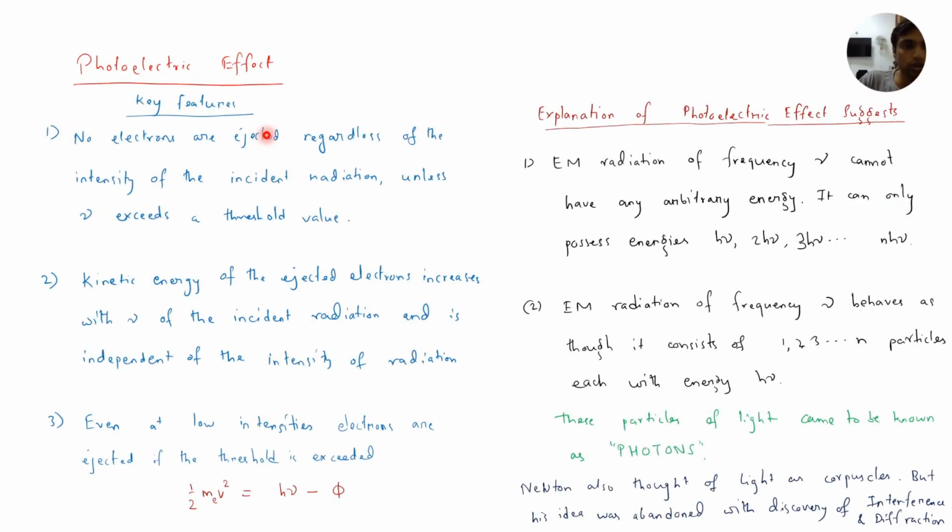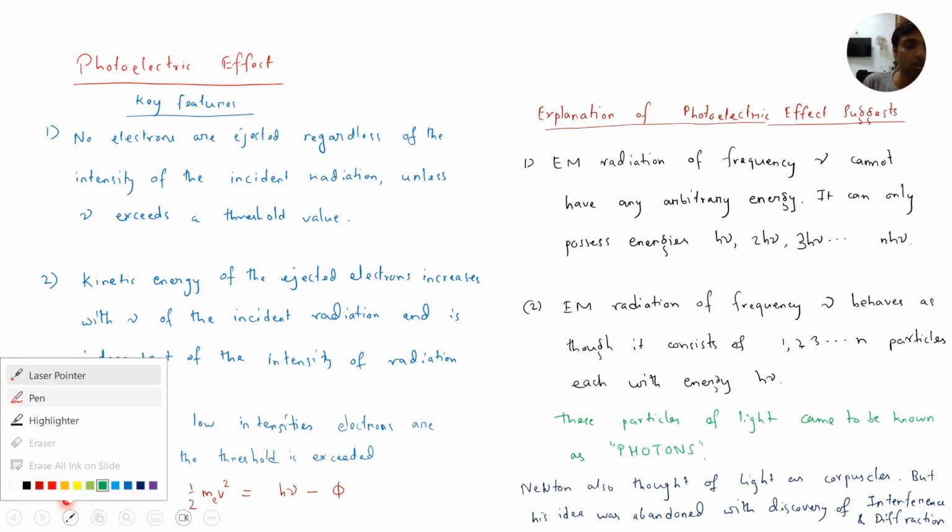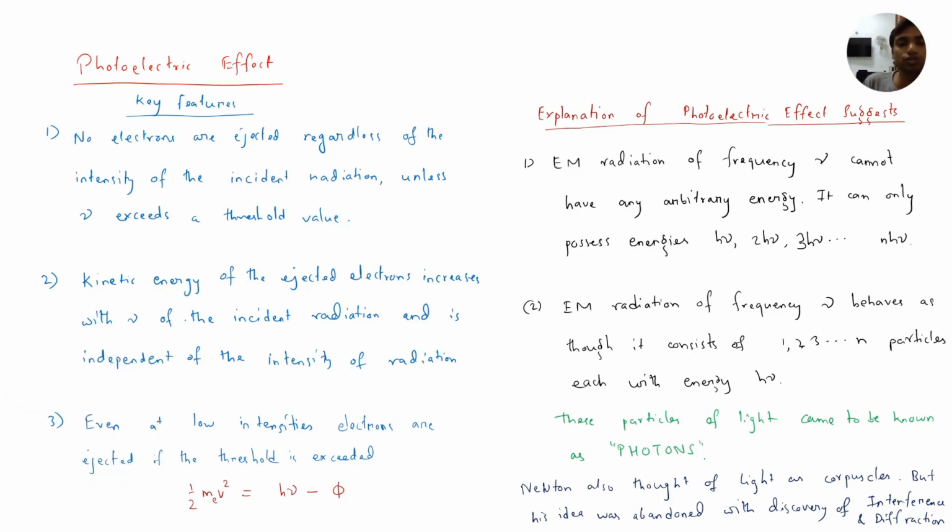Then came the photoelectric effect, where Einstein did something. The scientists during those times were not sure if what they were saying was correct or not, and there was no fundamental reason, in the framework of classical mechanics, why they should accept the quantization. But Einstein said, let us assume that this is true.